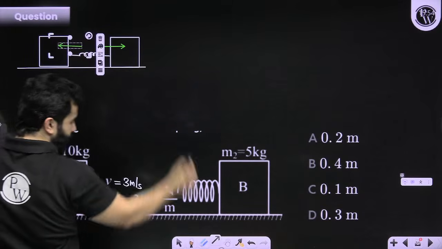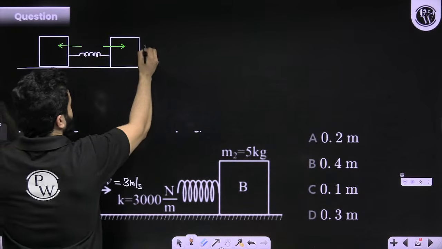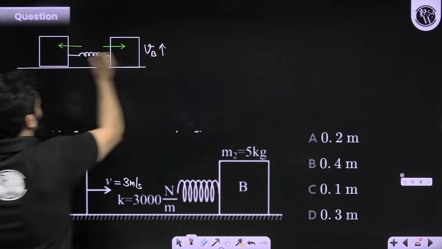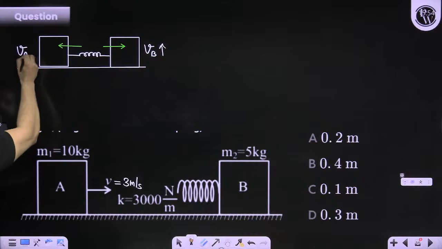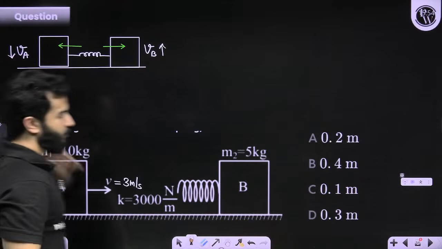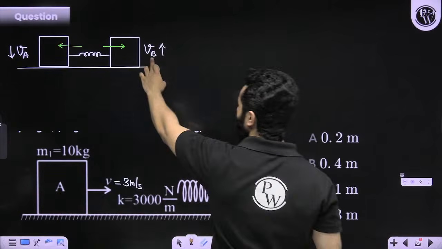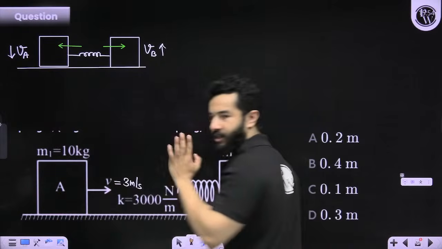Because of these spring forces, the velocity of block B is increasing and the velocity of block A is decreasing. Initially this is 0, and initially this is 3 meter per second.